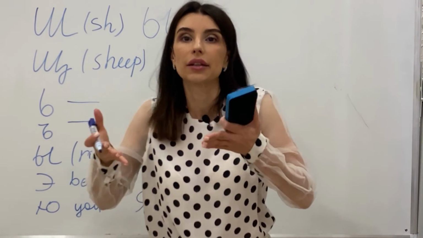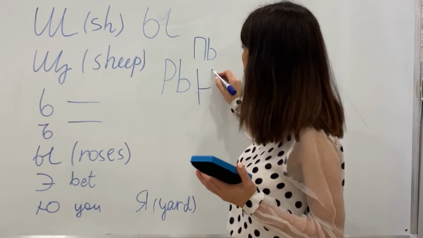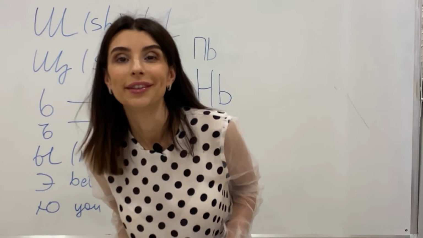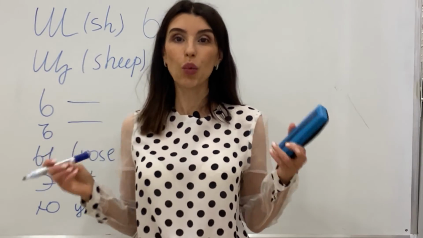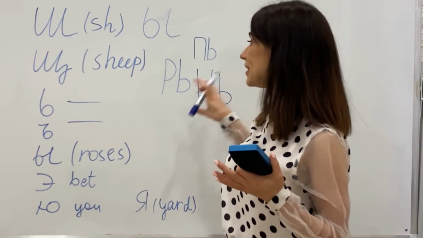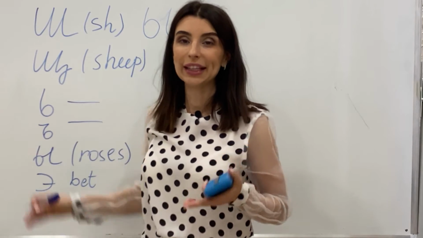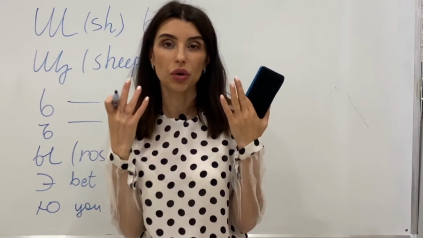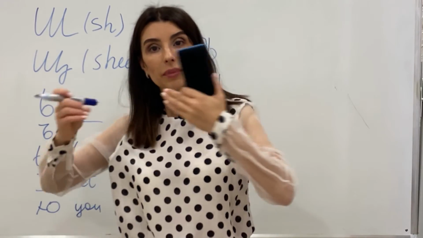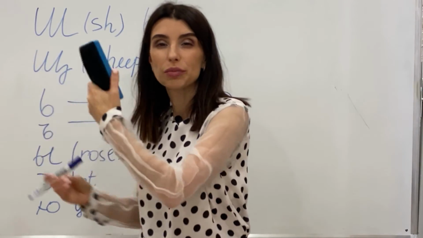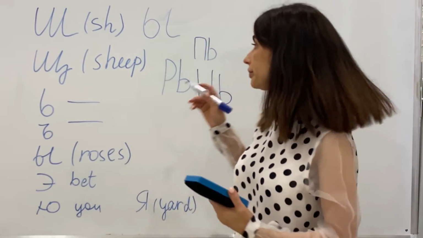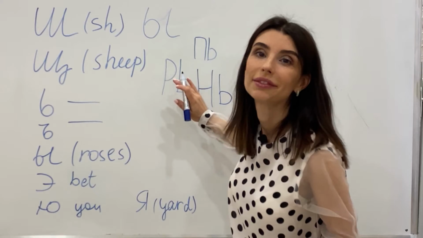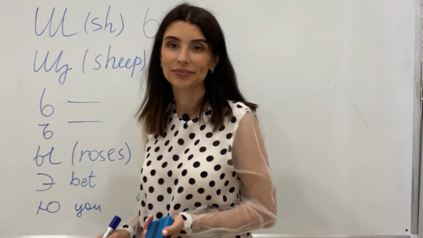After N, you can put мягкий знак, it will be N. Do you understand why we have this letter? To make some strong letters change to be soft. So, R, N, P. You understand?